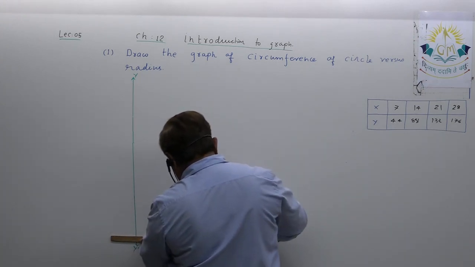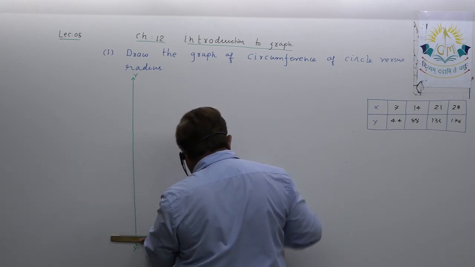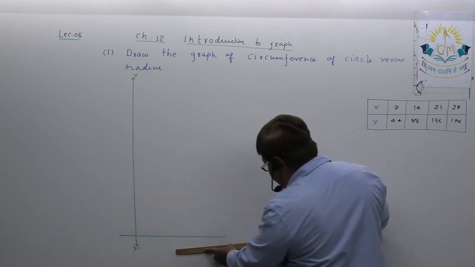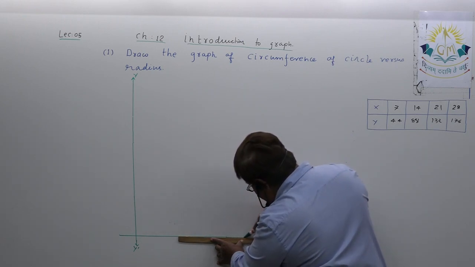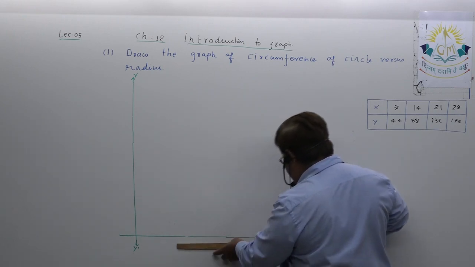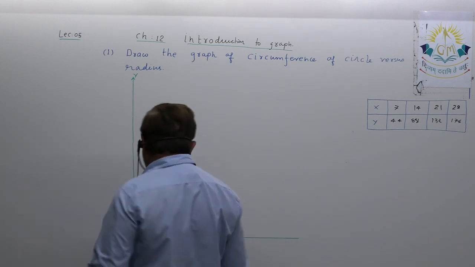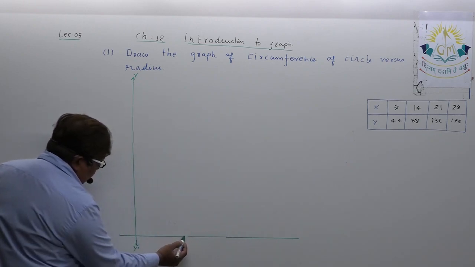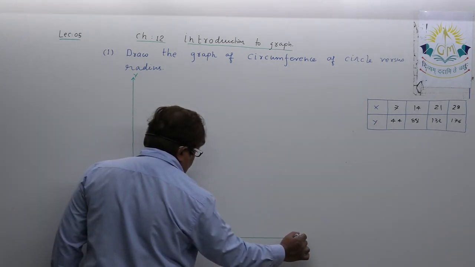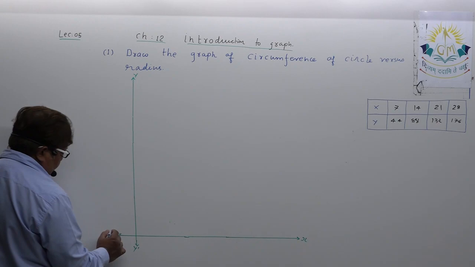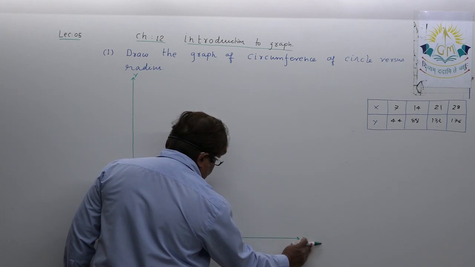Then draw the x axis also, x and y both. Your complete graph is going to lie in the first quadrant only, right? So this is the x axis for us, x dash. This is the origin.